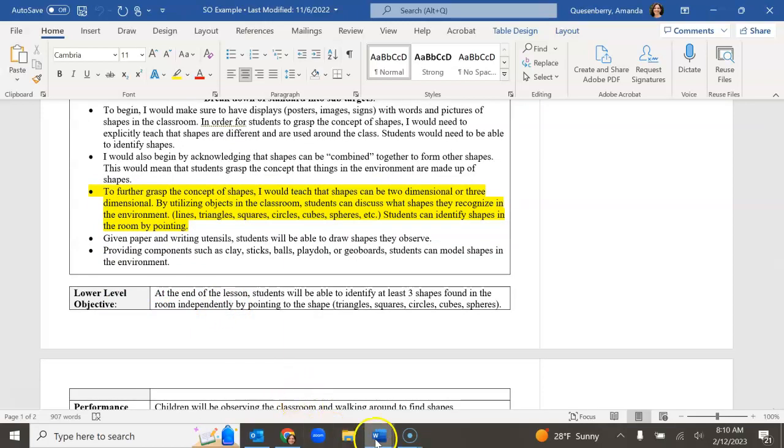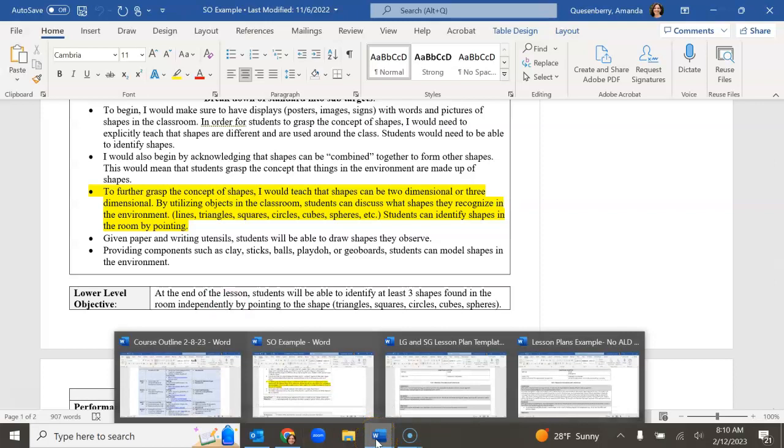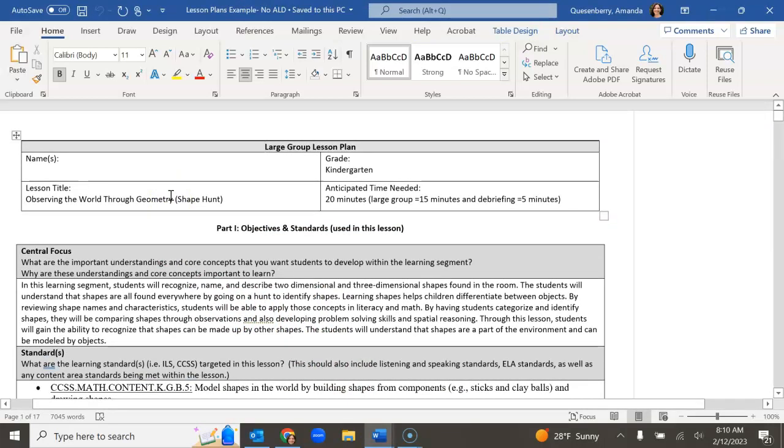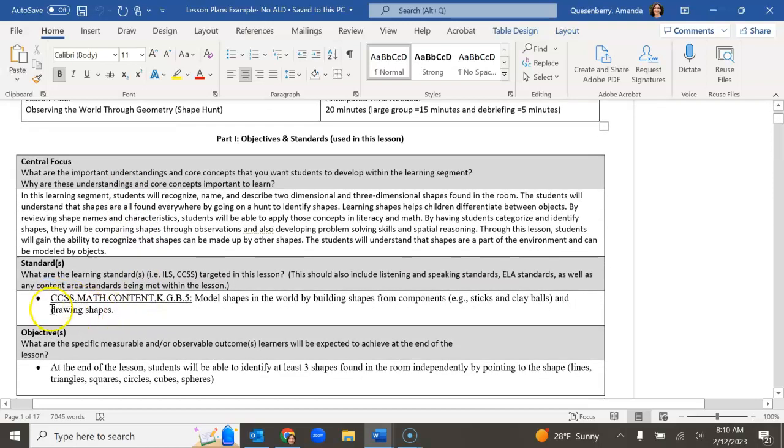Okay, so what I want you to recognize is that when we look at the example that the same student created, you'll see that basically you're just cutting and pasting the standard and the lower level objective here.